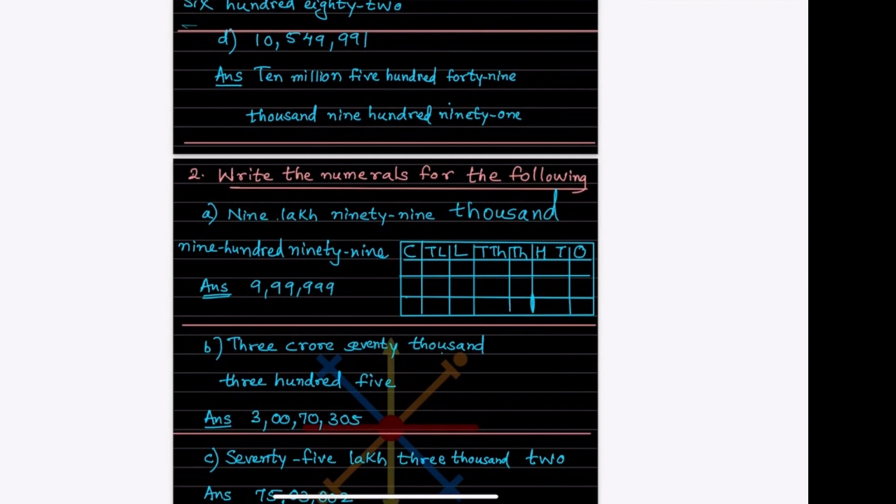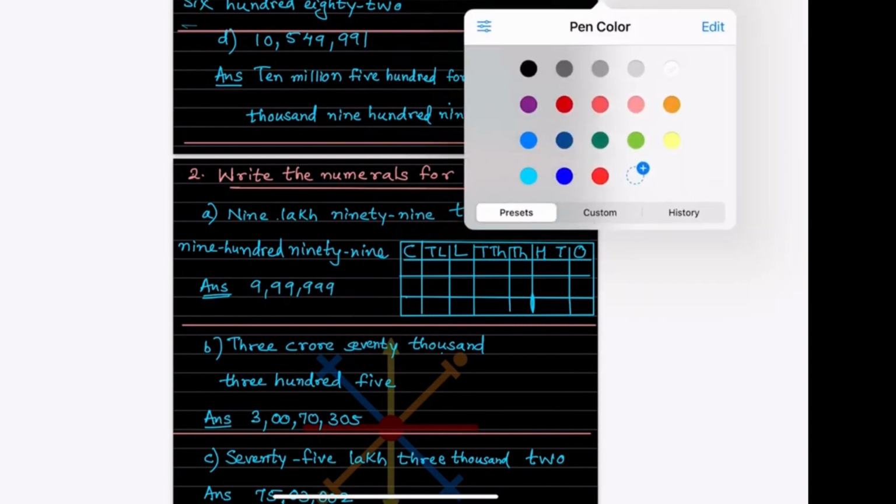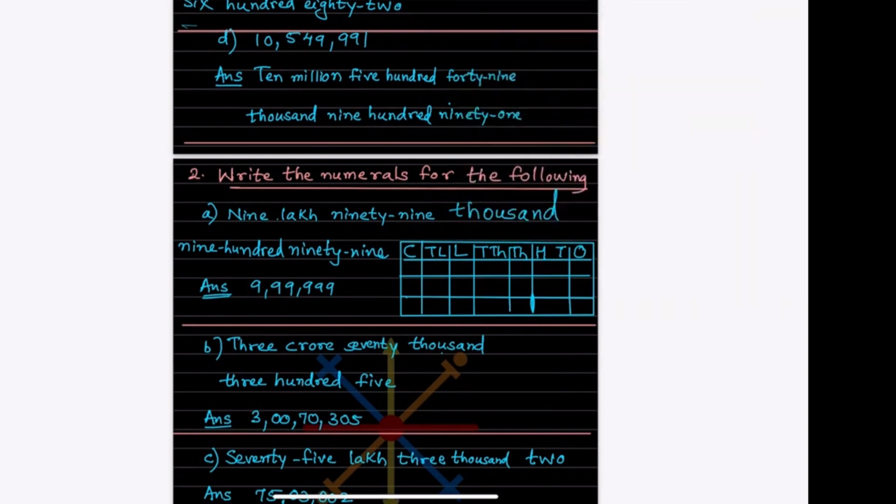Now for the numerals again, what are we going to do? It says that 9 lakhs means this is going to be in the Indian system. Lakhs comes in the Indian system. So when I say here 9 lakhs, where I am going to write that 9, I am going to write it over here. 99,000, because both are thousands place. And then it says 999.